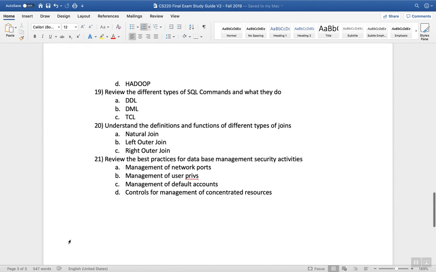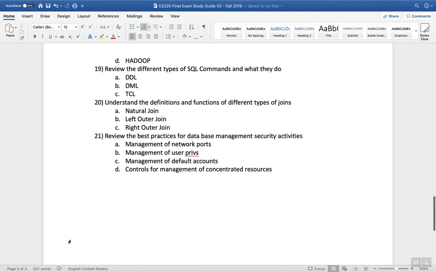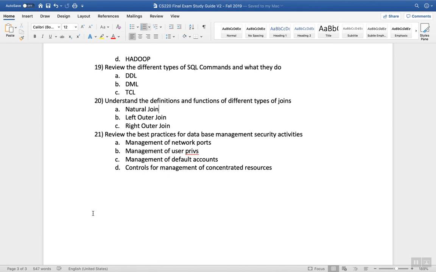And then finally, you want to take a look at what we had talked about, database management security activities. I think we wrapped up with that. This is the idea of managing the network ports, the network privileges, default accounts, and defining controls for concentrated resources.